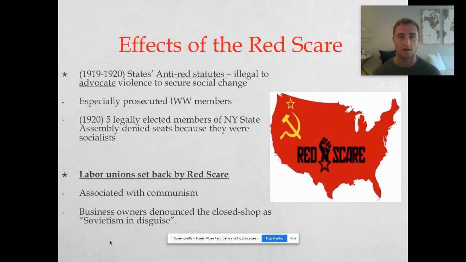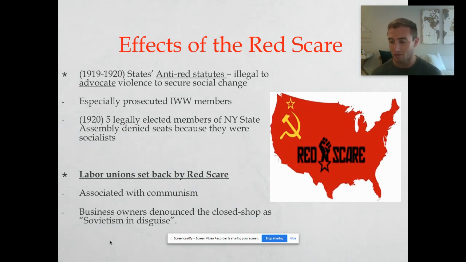And certainly when we look at 1919 to 1920, this is right after World War I. The Red Scare is at its height, and we see states starting to pass these anti-red statutes, which say that it's illegal to advocate violence to secure social change, as many of the calls of socialists over in Russia were for the workers of the world to come in and unite.